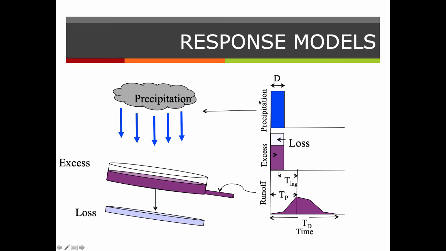So let's go back to this single unit of width D. The loss model is applied, so of that pulse height, a portion is loss and a portion, the magenta portion, is excess. Then the unit hydrograph transfer function converts that pulse into this signal.